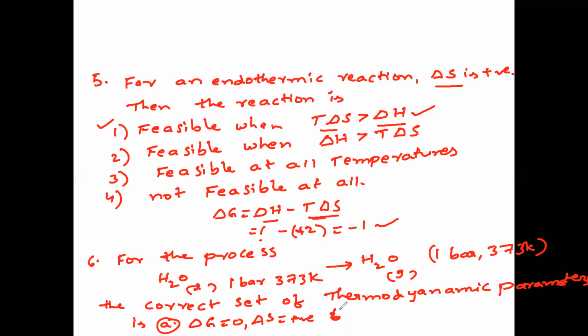Second option, delta G is equal to 0, delta S is negative. Third option, delta G is positive, delta S is equal to 0. Here we don't have space, but still I have tried to write, please try to understand.